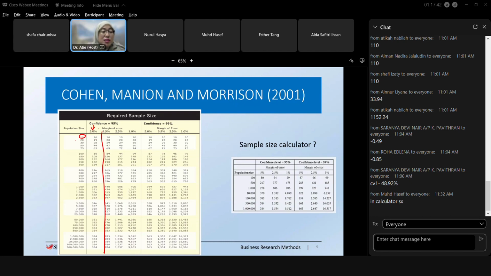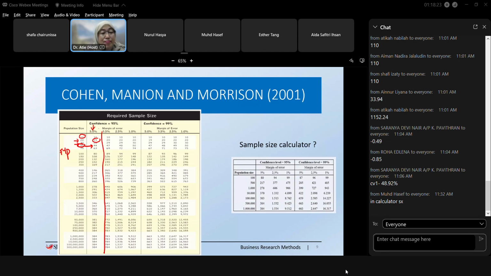If the population size is 20, we need to take 19, just miss one person. You can see that the significant changes start from 30 and above. That's the reason the minimum requirement of a population should be 30. And it's more significant when it comes to 50. That's the reason FYP needs you to have at least 50 in the population in order to select a sample in your study.